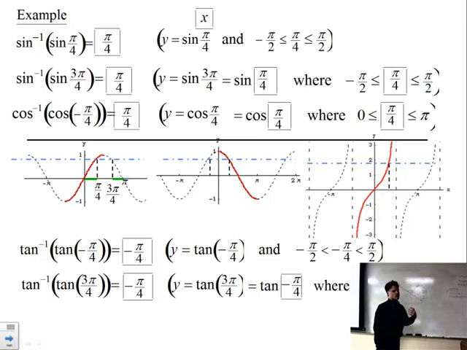So the cosine inverse of anything is always going to be between 0 and pi. It's always going to be from here to here. To get the same cosine value, it's going to have the same x-coordinate on the unit circle. So just by reflection, instead of minus pi over 4, it's going to be plus pi over 4.